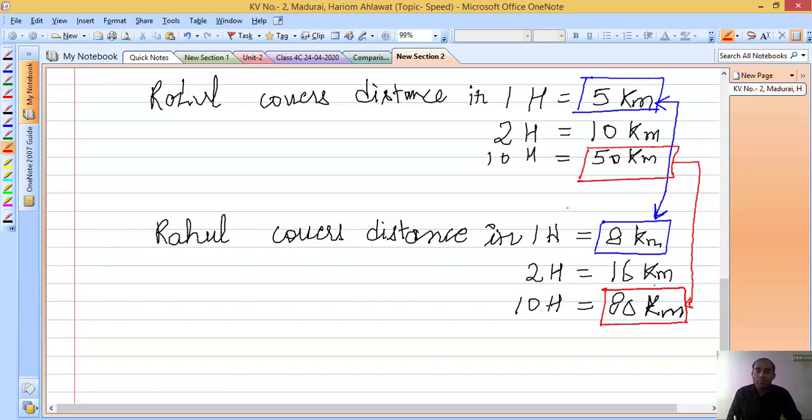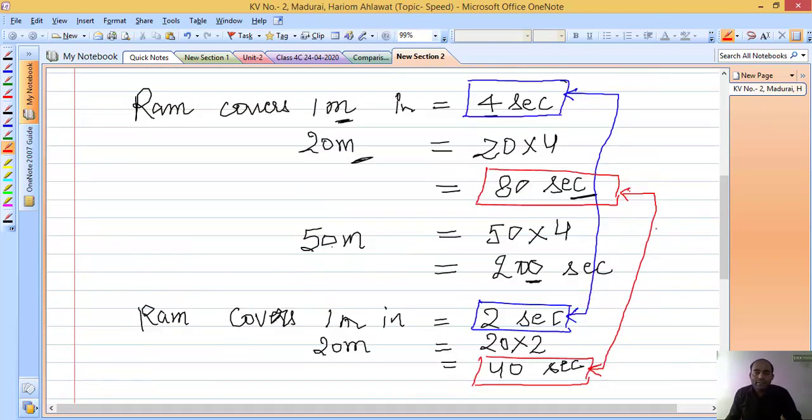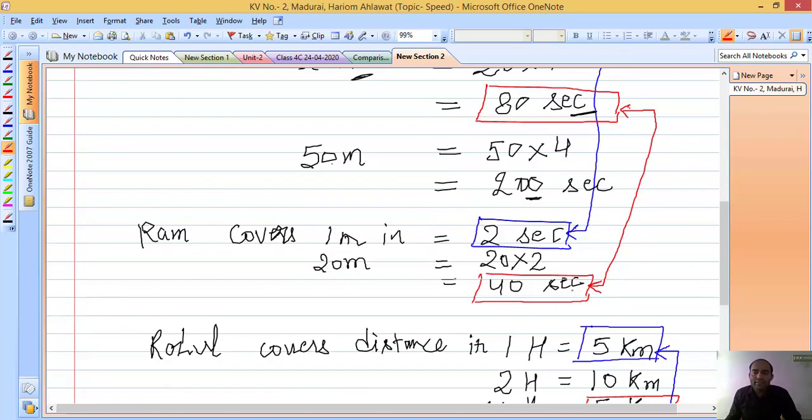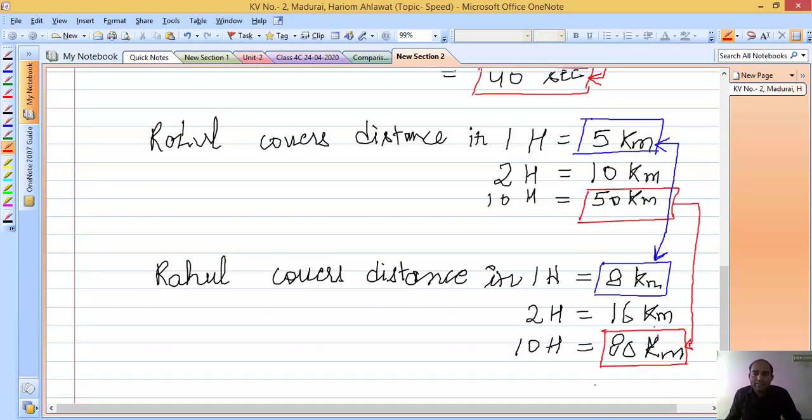So now look here, when the speed increases, the covered distance increases. But when the speed increases, the time decreases. When the speed increases, the distance increases.